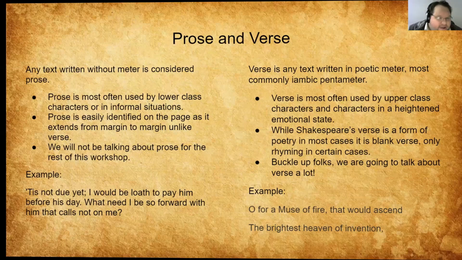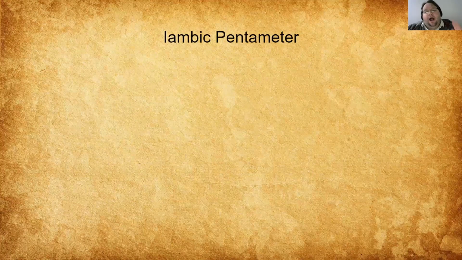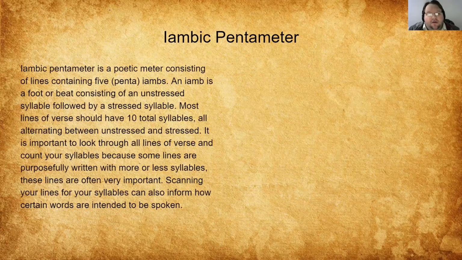So you've heard me mention a couple of times thus far, iambic pentameter. This is a lot of what I spend time with, at least when I'm doing my folio work. Iambic pentameter is a poetic meter that consists of five iambs. An iamb is a foot or a beat consisting of an unstressed syllable followed by a stressed syllable.